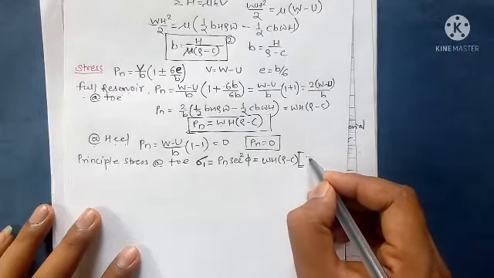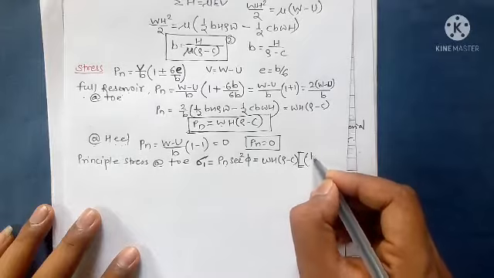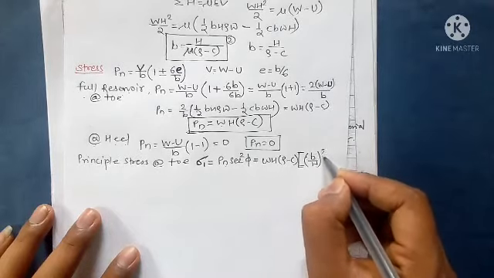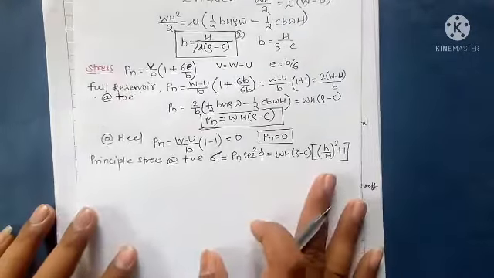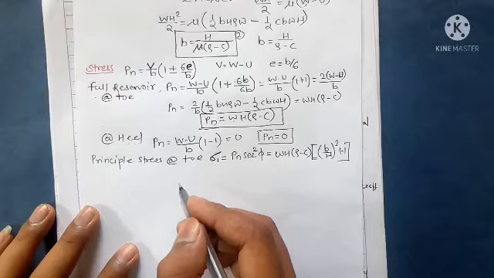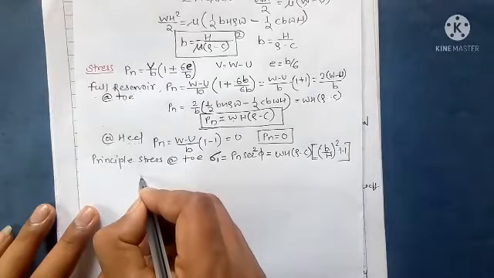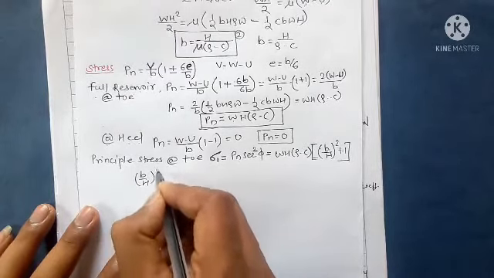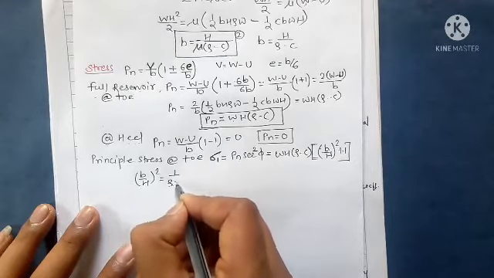We put here (B upon H) bracket square plus 1. We know that (B upon H) bracket square is equal to 1 upon (rho minus C).